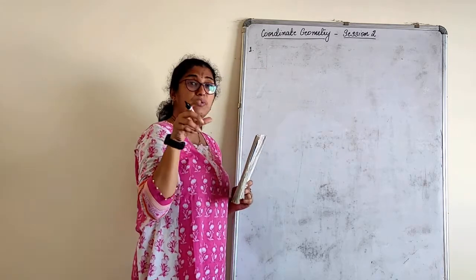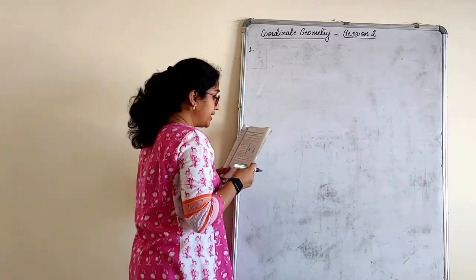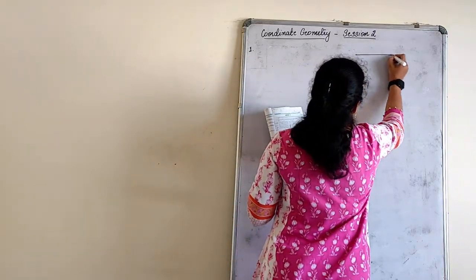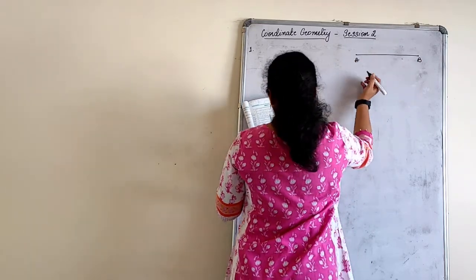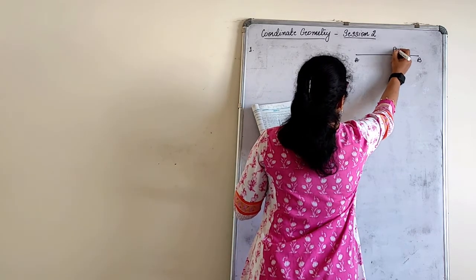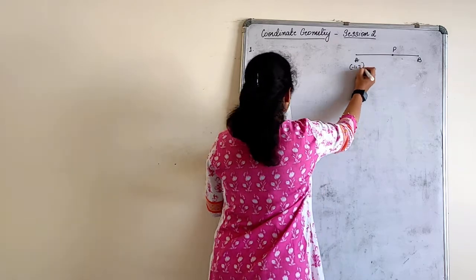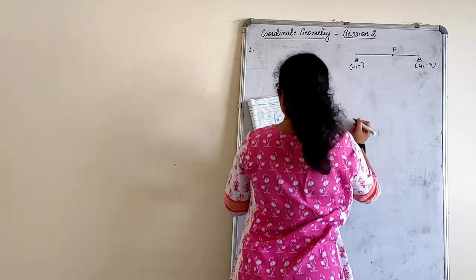Always drawing a small graph figure is a must here. Find the coordinates of the point which divides the line. Assume this is a line AB, and some point P divides the line joining (-1, 7) and (4, -3).